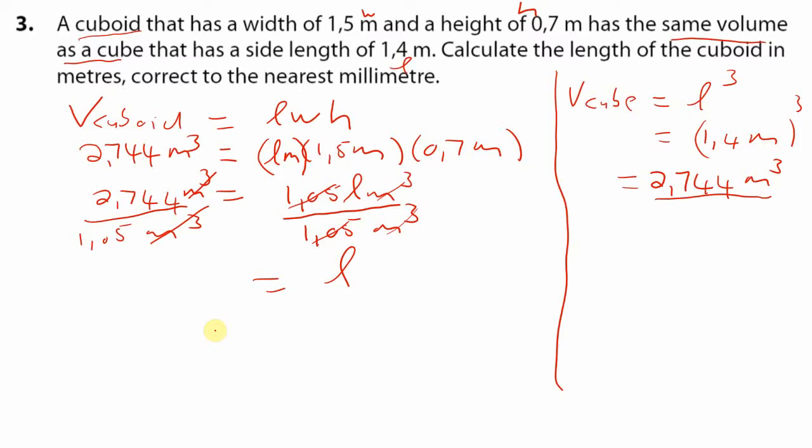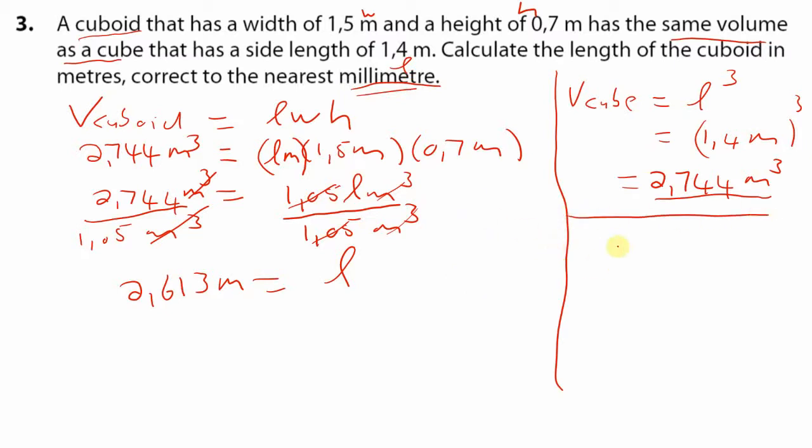So 2,744 divided by 1.05 will result in 2,613 meter to 3 decimal places. Okay, but we need to the nearest millimeter. Okay, so we still have some work to do.